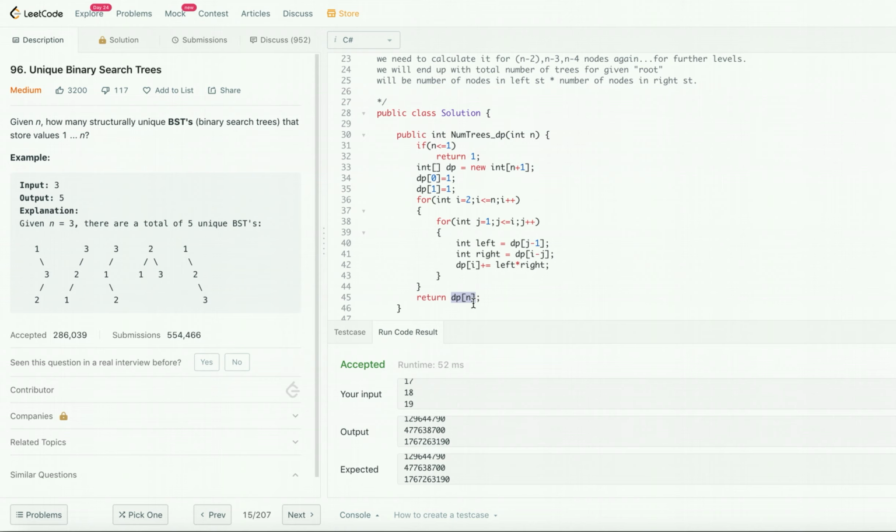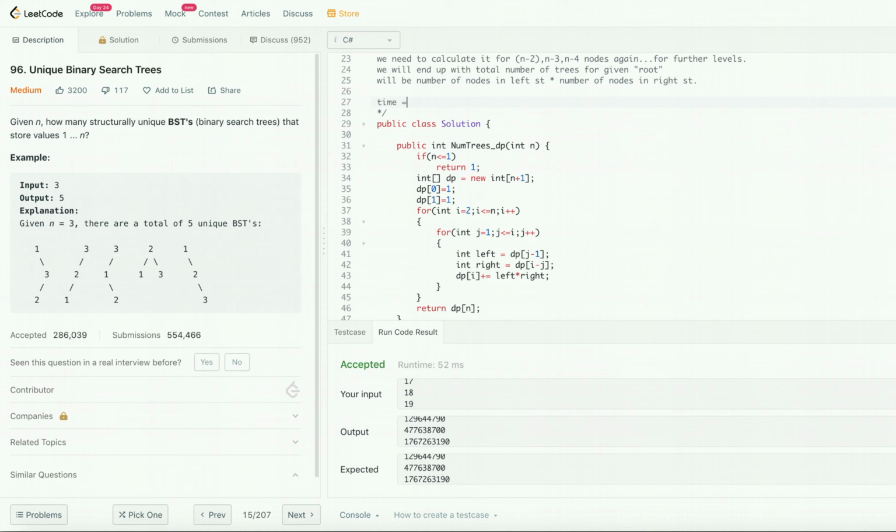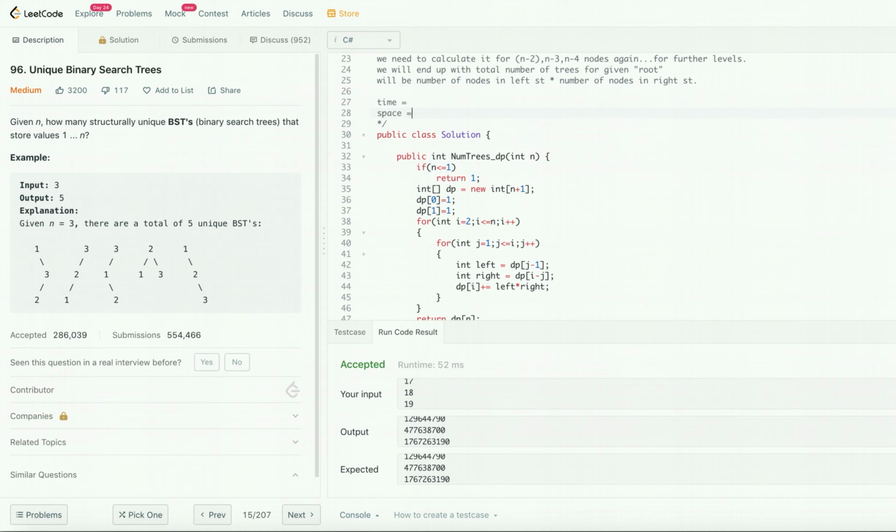Let us look at the time and space complexity for this. What is the time complexity? Assuming that there are n nodes, the outer loop is going through n minus 2 times, and the inner loop is going from 1 to i.